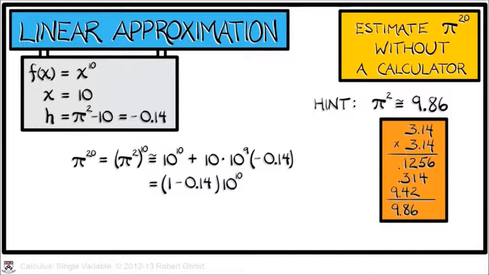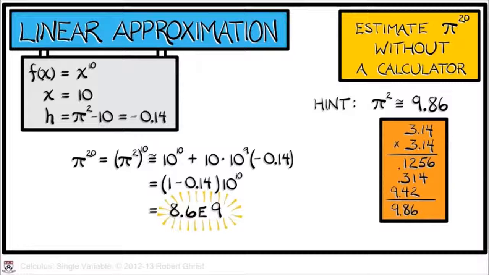Now, if we simplify that a little bit, we see that we get 0.86 times 10 to the 10th, or 8.6 times 10 to the 9th. That's our approximation to pi to the 20th.